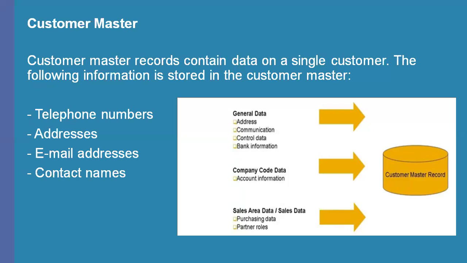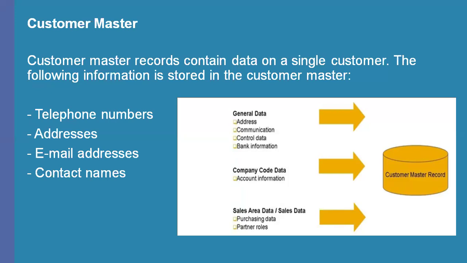Whenever you come to S4 HANA, there is a BUPA concept. What is the BUPA concept? BUPA concept is underlined with business partner. So in S4 HANA, business partner is the highest level hierarchy, where the ERP customer and ERP vendor are the lowest level hierarchy. So always your customer data or your vendor data will be linked with the BPID.